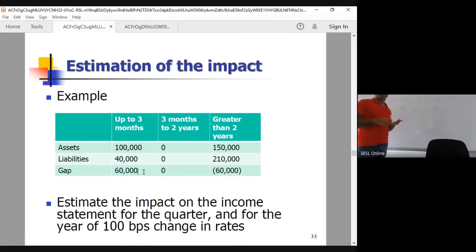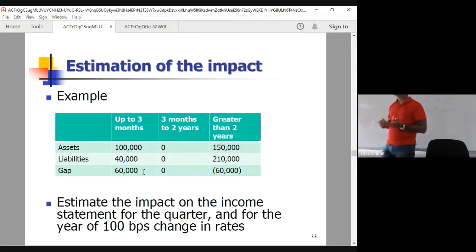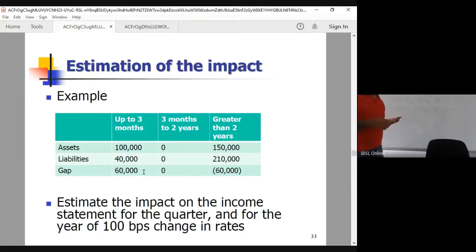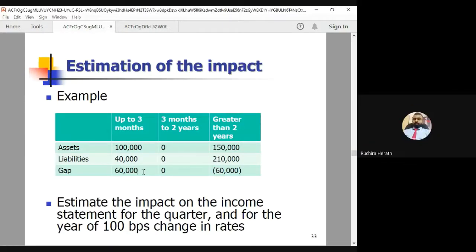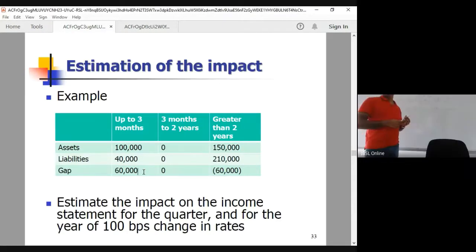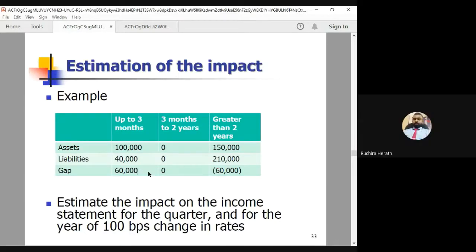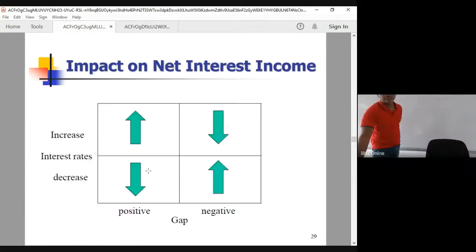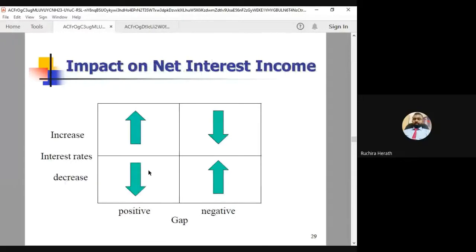Assets minus liabilities, what is it? Is it more assets or more liabilities? Negative gap, no? No, it's a positive gap. There's more assets than liabilities. So, yeah, it's a positive gap.